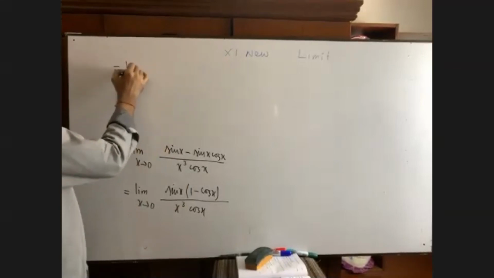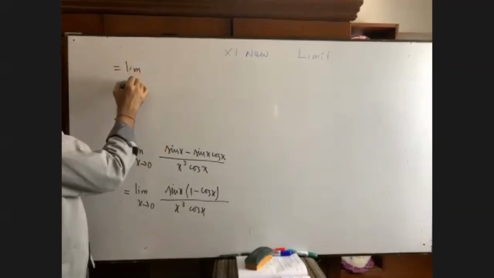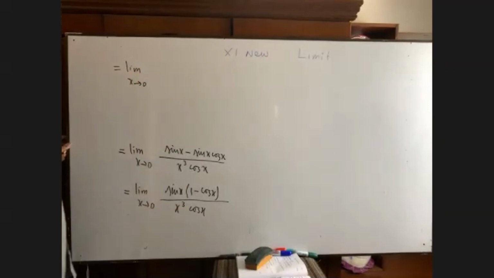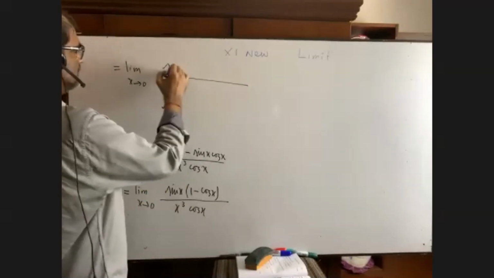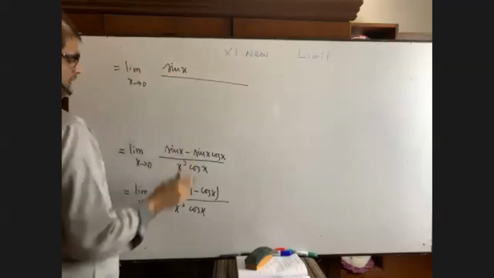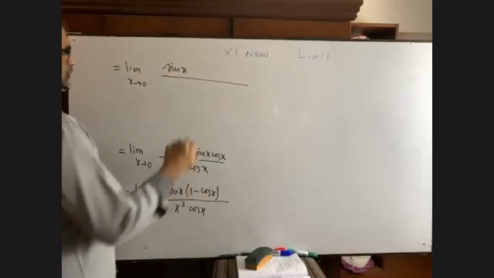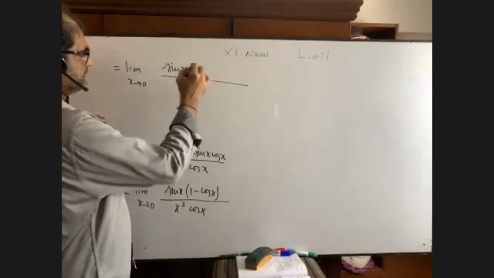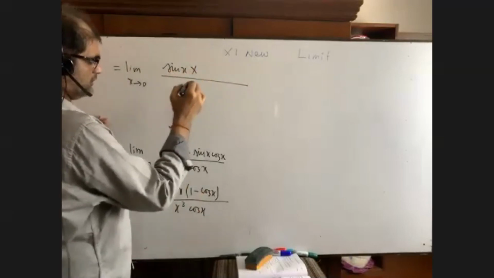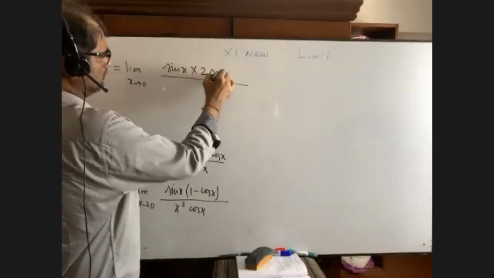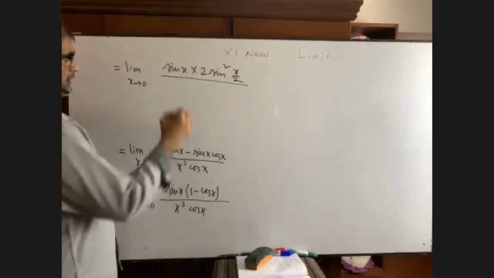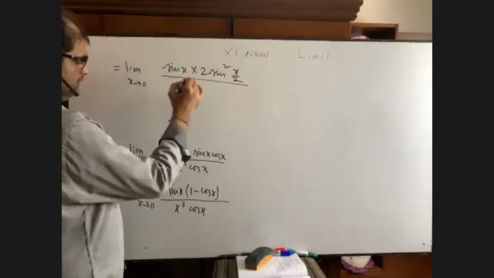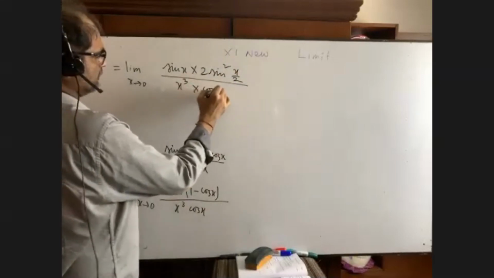Then we can write limit x tends to 0. Now you see what is sin x? It is 1 minus cos x. That means it equals 2 sin square x by 2, over x cube and cosine x.